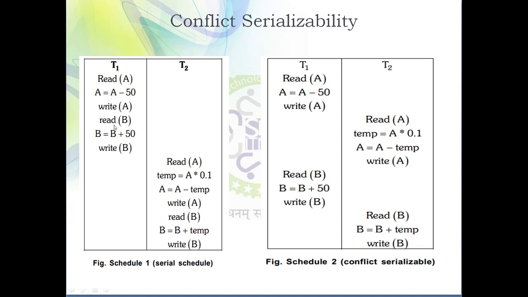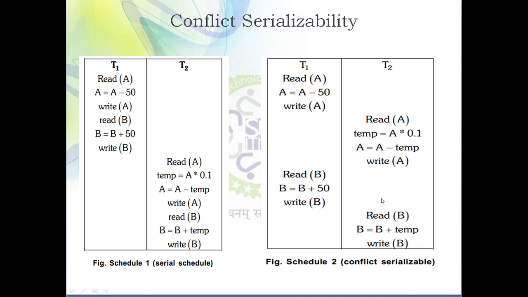Here we can see read B, B equals B plus 50, write B. These are considered non-conflicting operations. So these 3 and these 3 are considered non-conflicting, so we can change the sequence of these. Here you can see we just brought this in here and brought this down here. So there is a swap.